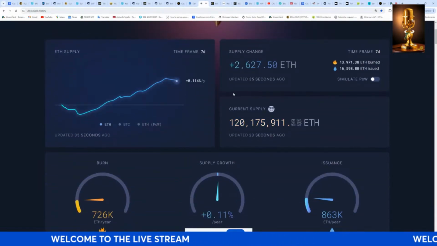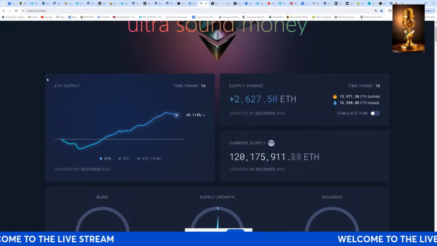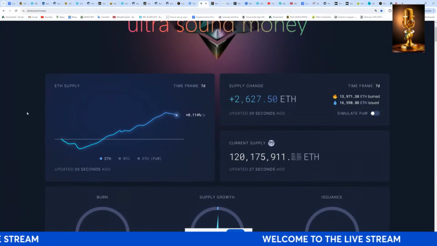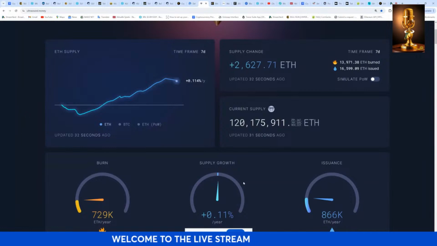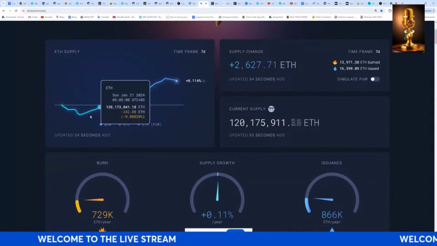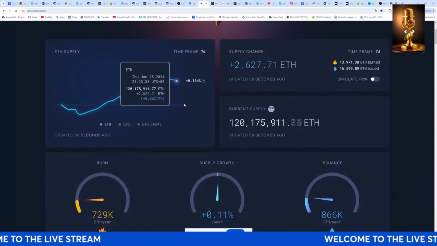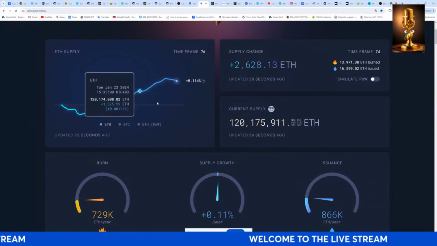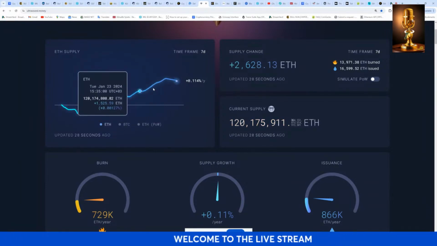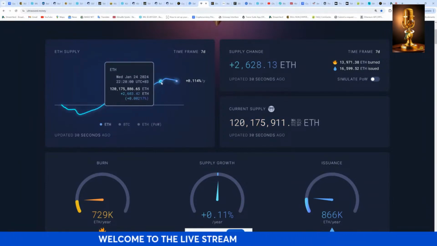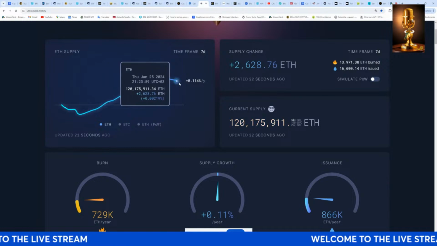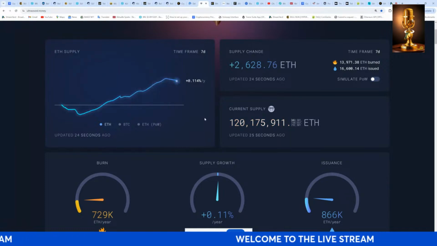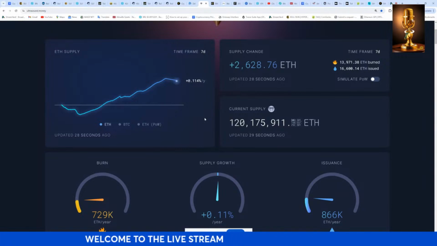Okay, now you see here, because the platform hasn't been used as much, it turned around and it's inflationary now. You see how the chart is going up above this horizontal line. If it goes above, it means it's inflationary. So Ethereum is inflationary right now because the platform is not being used as much. This is why the gas fees right now are also much lower than usual.